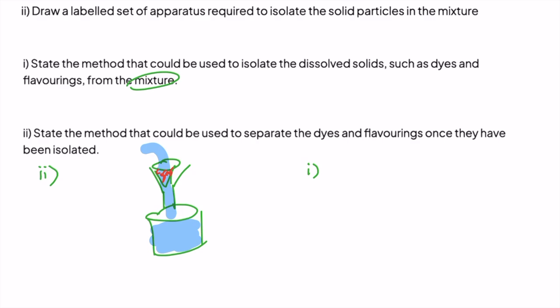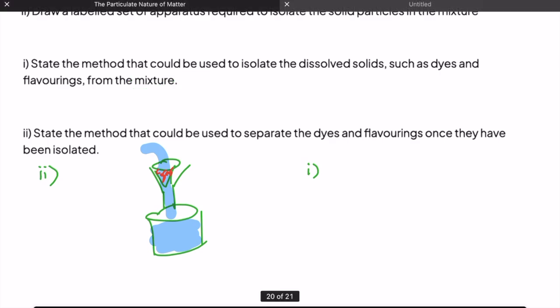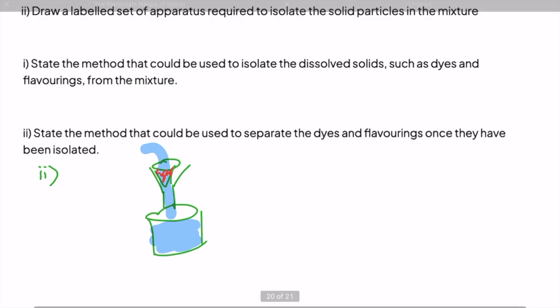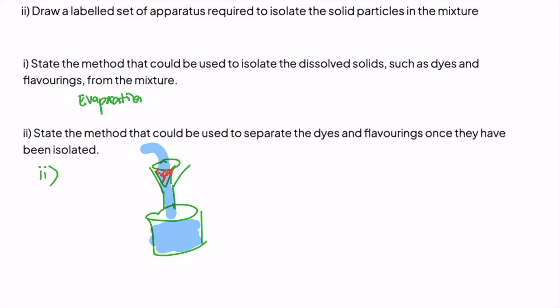So it doesn't say you have to isolate all of these individual components. That's the next question. So we can use evaporation because they have different boiling points, and all of the other parts of the mixture can be evaporated, leaving these.